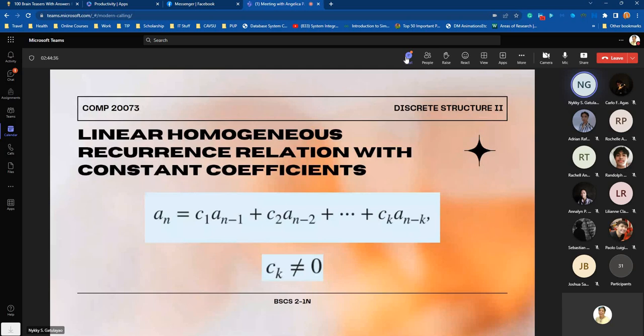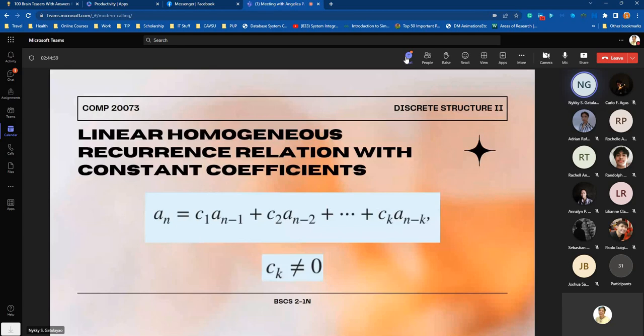The degree is k. Here a_n is expressed in terms of the previous three terms of the sequence. A consequence of the second principle of mathematical induction is that the sequence satisfying the recurrence relation in the definition is uniquely determined by the recurrence relation and the initial conditions.